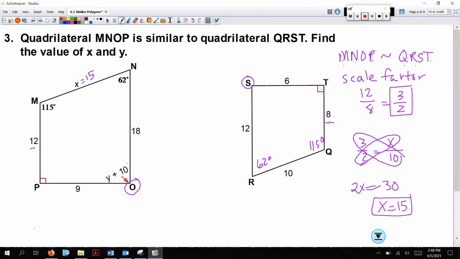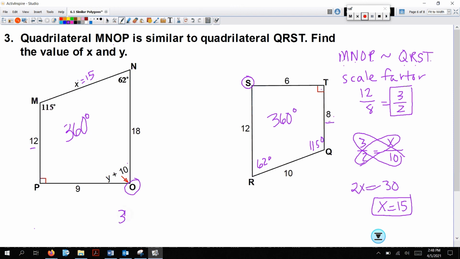I'm not sure if you remember this or if we talked about this just yet, because in chapter 8 we will get more into it. But the interior sum of a quadrilateral, if you think about a square, has 4 right angles, and 4 times 90 is 360 degrees. So every quadrilateral is 360 inside.